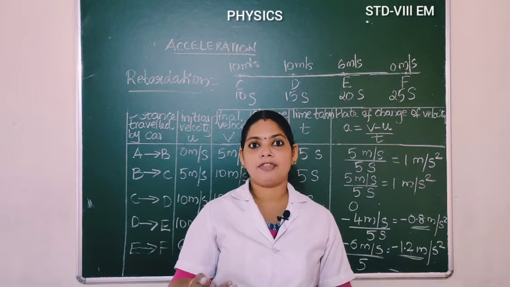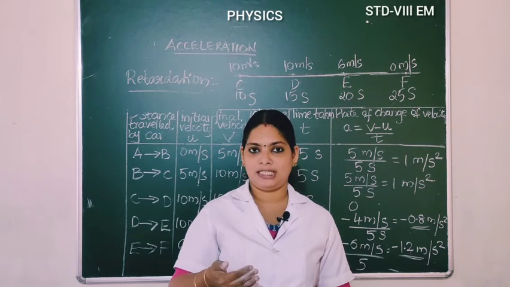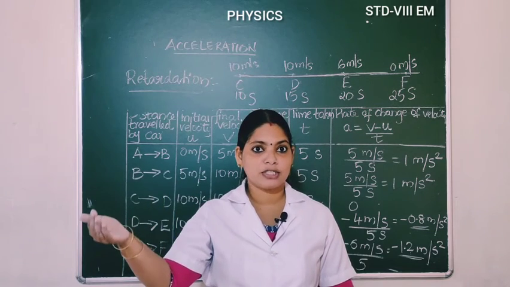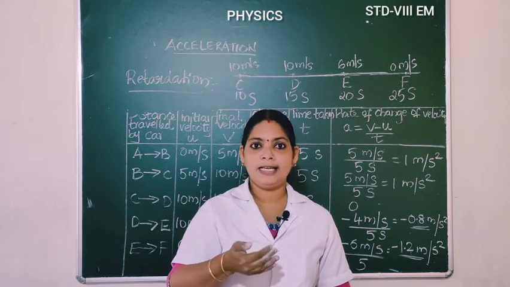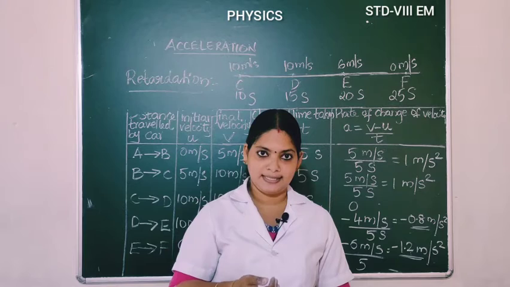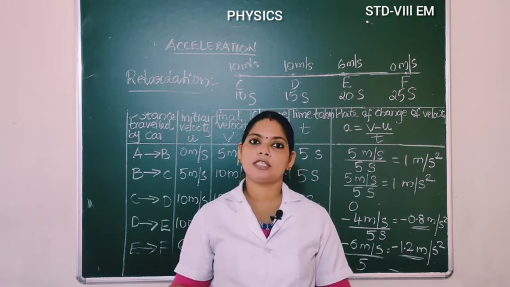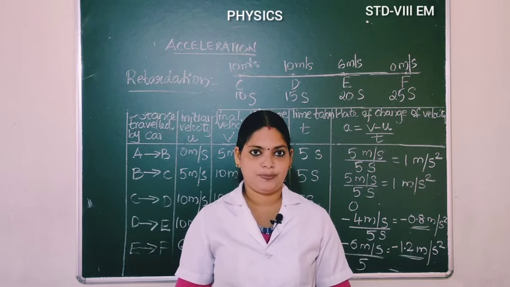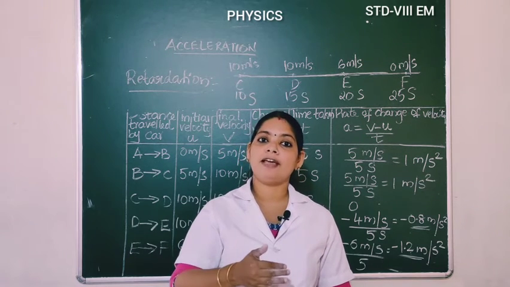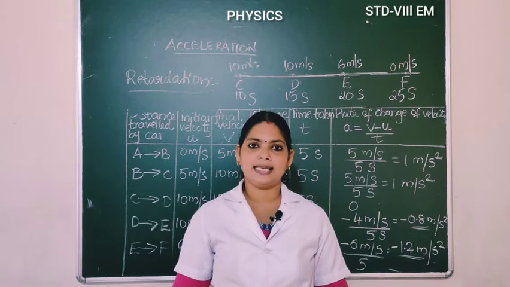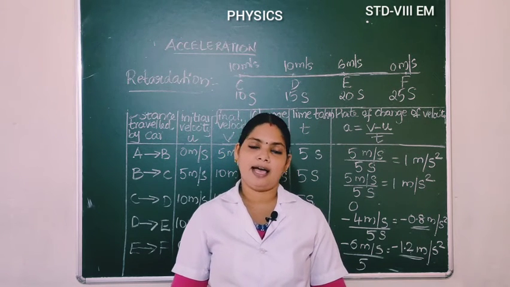For example, if initial velocity is less and final velocity is more, it is a positive acceleration. If initial velocity is more and final velocity decreases, it is negative acceleration.